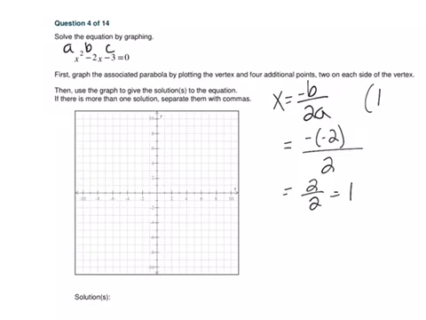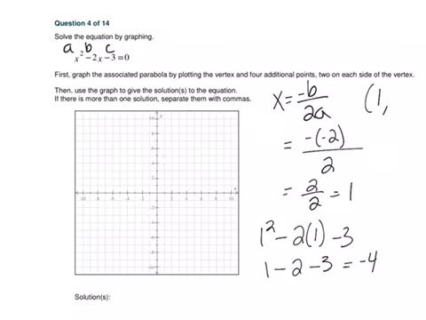So our vertex is 1, comma. And if we plug it back in, we've got 1 squared minus 2 times 1 minus 3. So 1 squared is 1 minus 2, which is negative 1, minus 3, which is negative 4. So our vertex here is 1, negative 4.